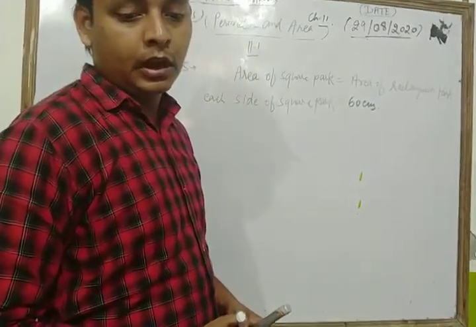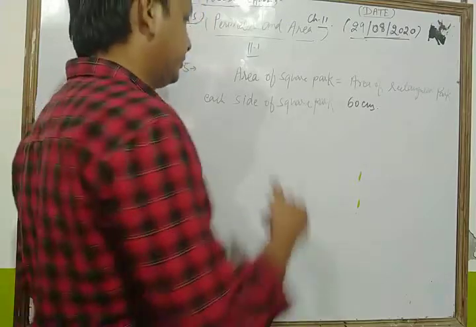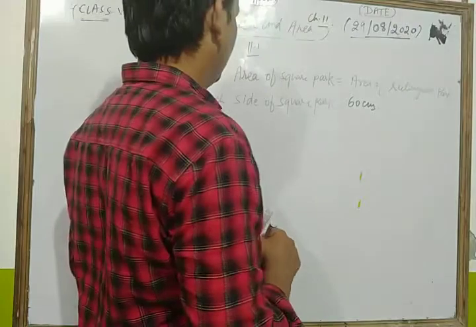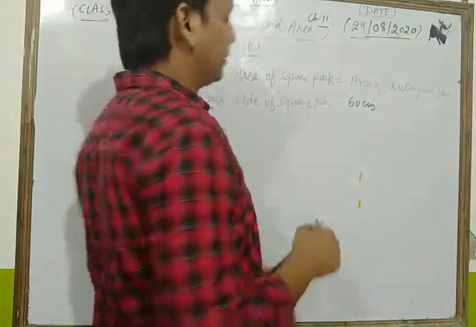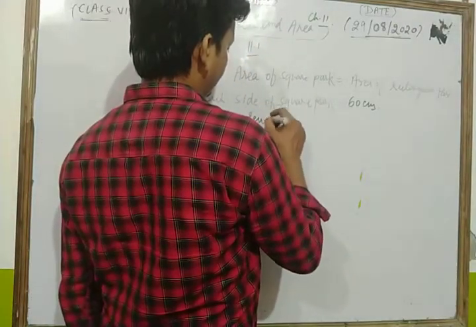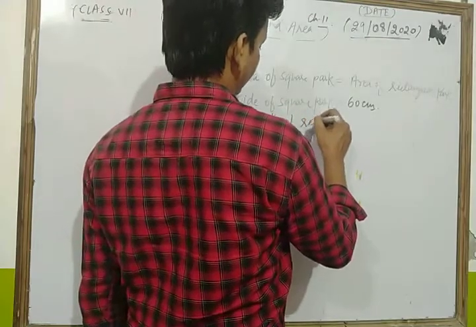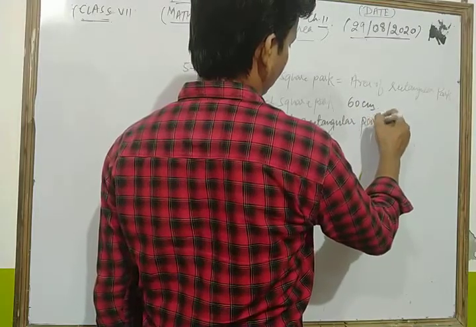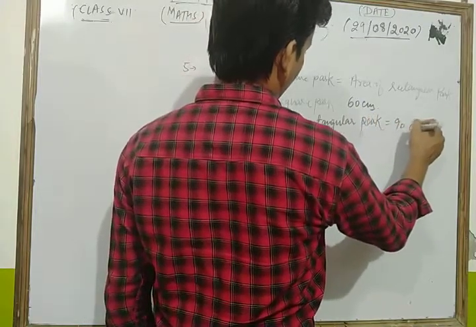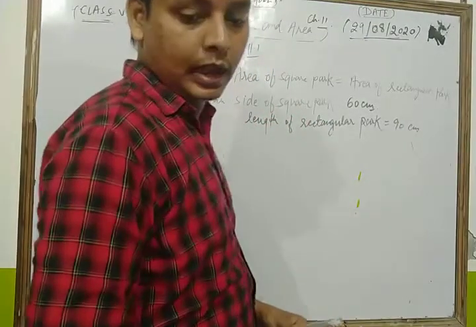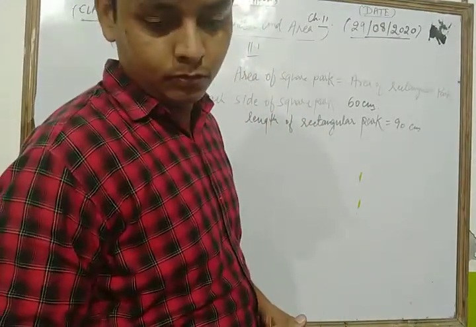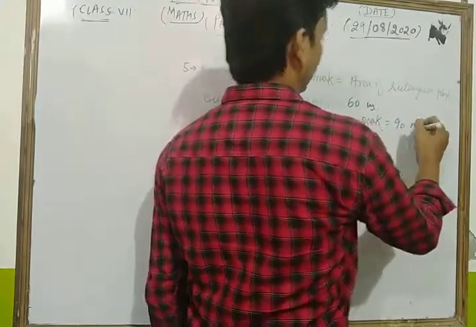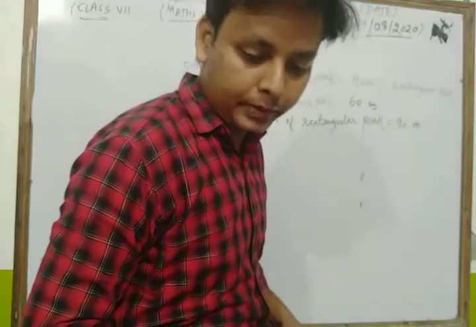And the length of the rectangular park is 90 meter. Now find the breadth of the rectangular park.